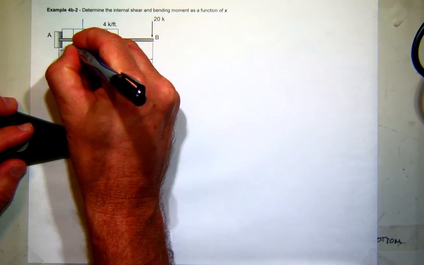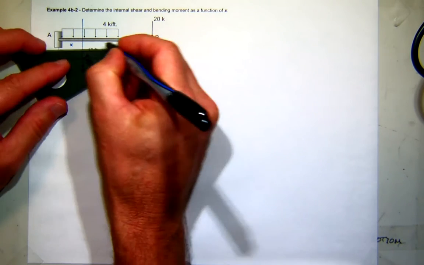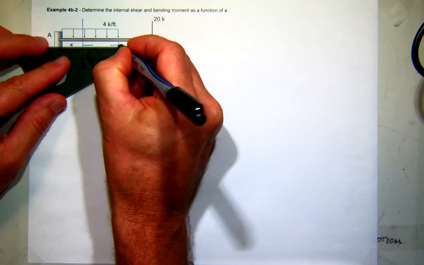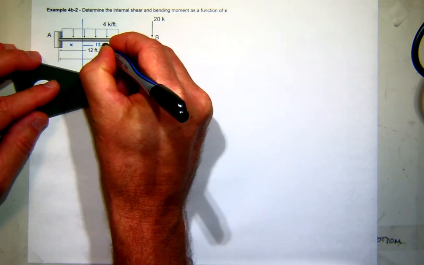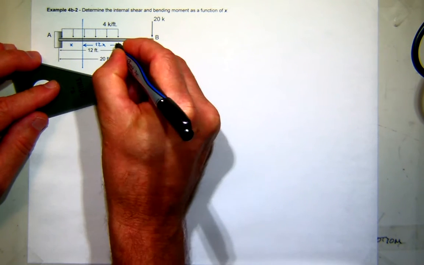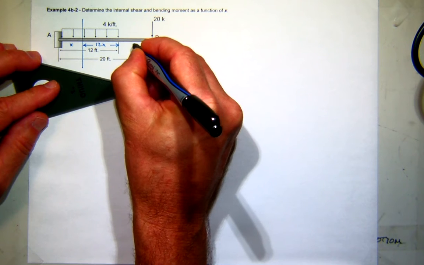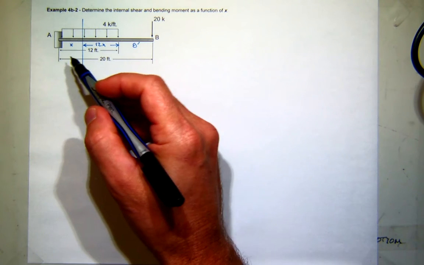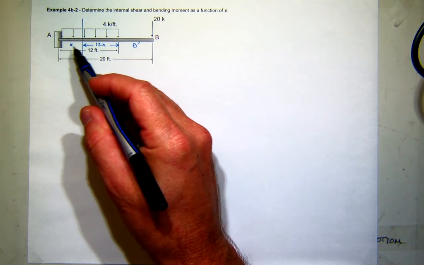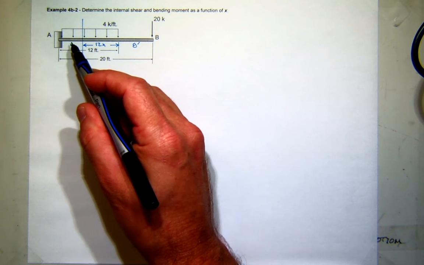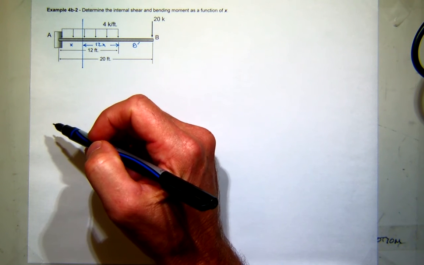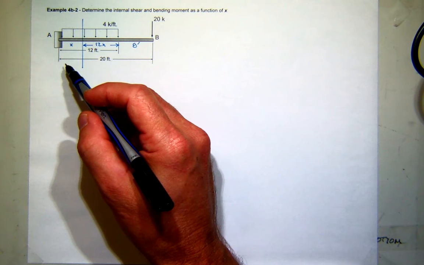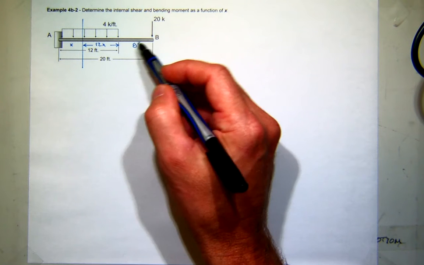If this were x, what would this distance here be? 12 minus x. And then, of course, this is an additional 8 feet. So there's a lot of things to keep track of here. So I still think for the equation for this first 12 feet, I'm going to go with the right-hand side. I'm sorry, the left-hand side. And then we'll come back and talk about this one in a minute.